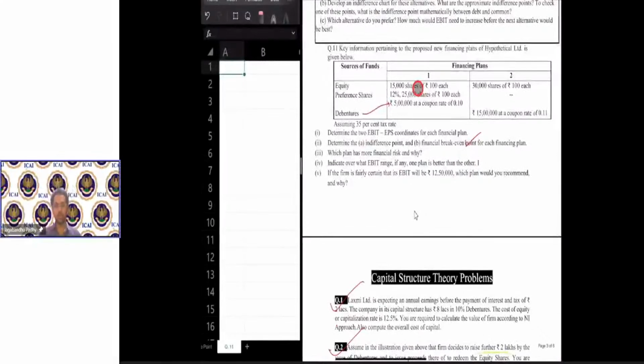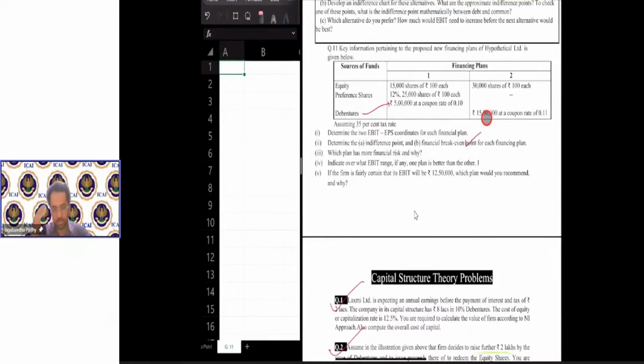Key information pertaining to proposed new financing plans for a hypothetical limited company is given below. So we have plan 1 and plan 2. Plan 1 is to raise 15,000 equity shares of 100 each. The second plan is to raise 30,000 equity shares of 100 each. Preference shares will be 12%, 25,000 shares of rupees 100 each. And debentures of 5 lakh at a coupon rate of 10% rate of interest, and 15 lakh at a coupon rate of 11%.